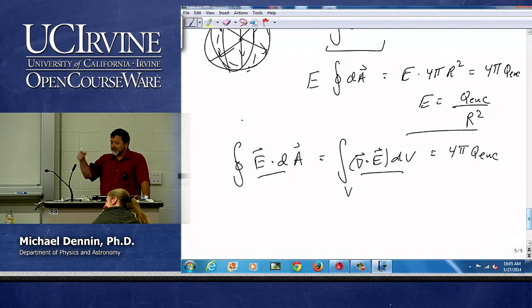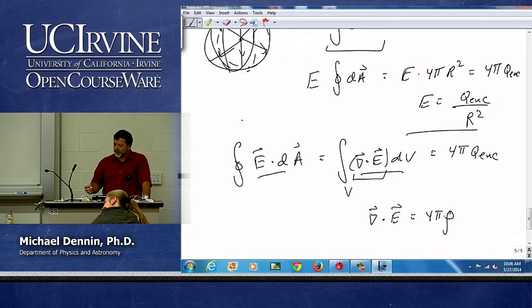we see that our definition before of the charge density being a delta function is correct, because what we want is to get out of this that del dot E equals 4 pi rho. For that to work, we have to turn the charge enclosed into a volume integral over something.